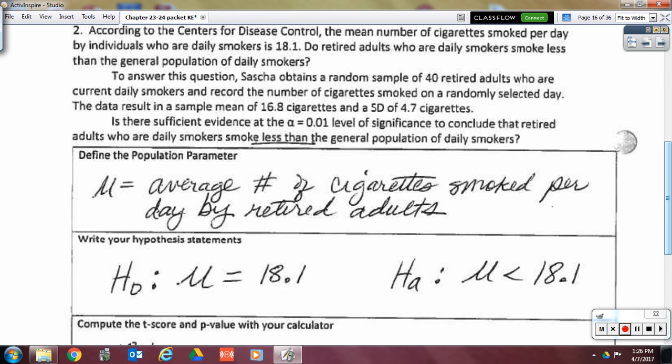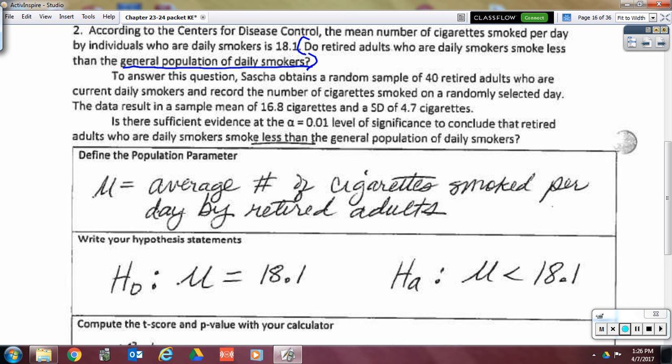Okay, number 2. Here's what I've noticed on the test also, or when I've seen you do these problems. You've got to make sure that you have the correct subgroup listed. For example, this one is wondering, do retired adults who are daily smokers smoke less than the general population?